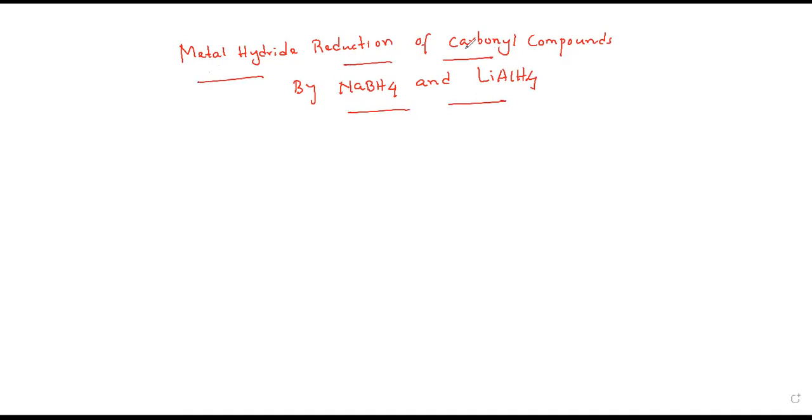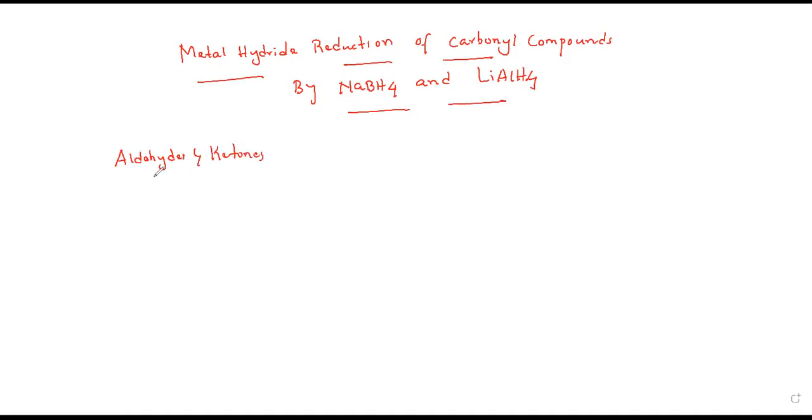So we'll see what happens when carbonyl compounds are subjected to reduction in the presence of sodium borohydride and lithium aluminium hydride. Usually the carbonyl compounds include your aldehydes and ketones.